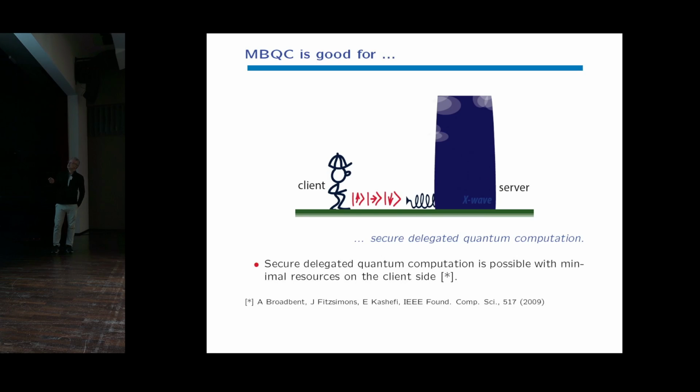You want it to do exactly the calculation you care about, and also you want it not to learn what it computes. So measurement-based quantum computation gives you that protocol. You can derive such a protocol for measurement-based quantum computation. So this is something that is possible.